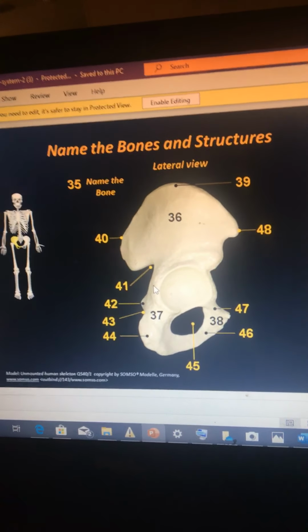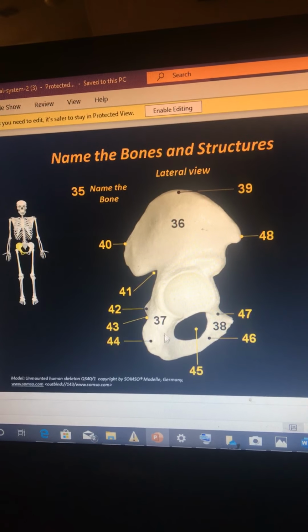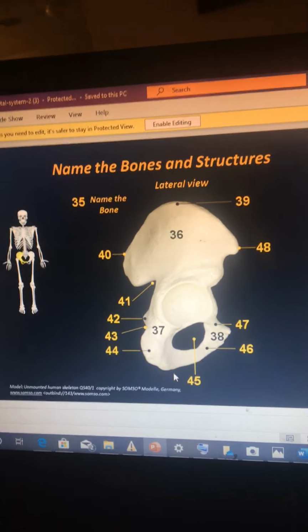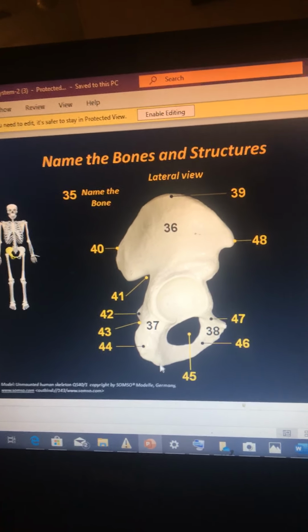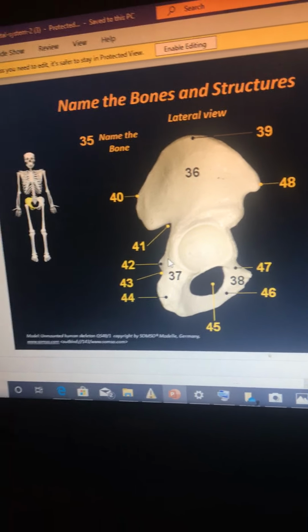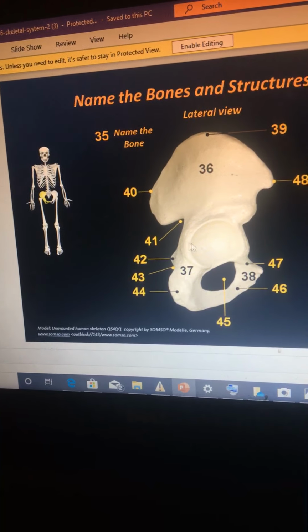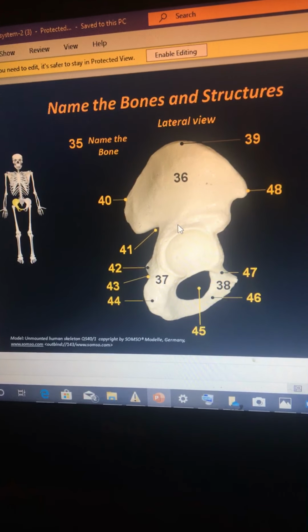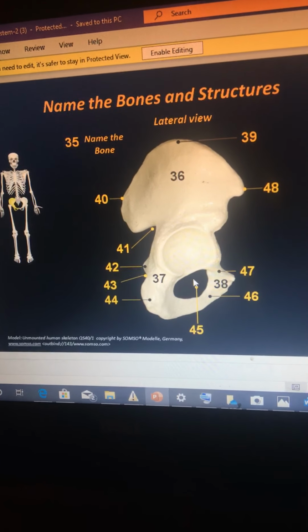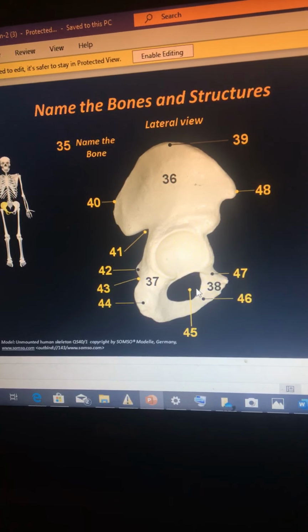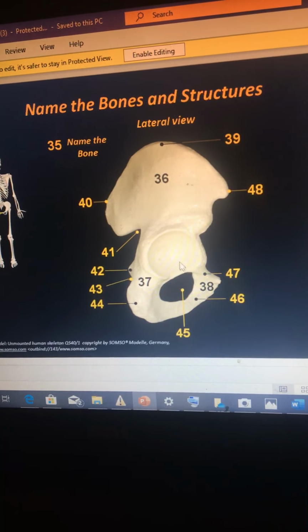Now, the next one we're going to talk about right here, 37. This one is the ischium, right here, ischium. All of the bones, the ilium, the ischium, and the pubis, have a part in the acetabulum.